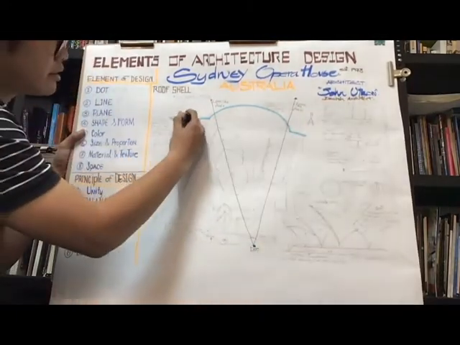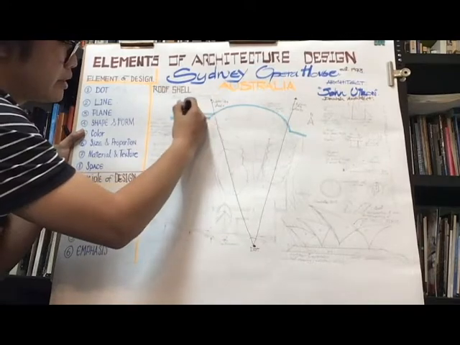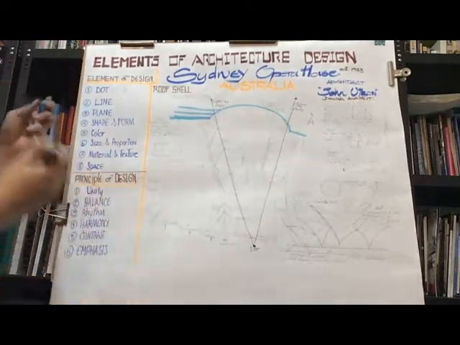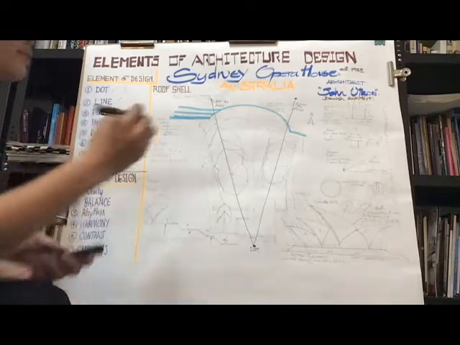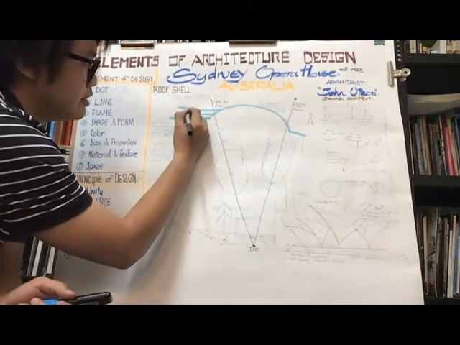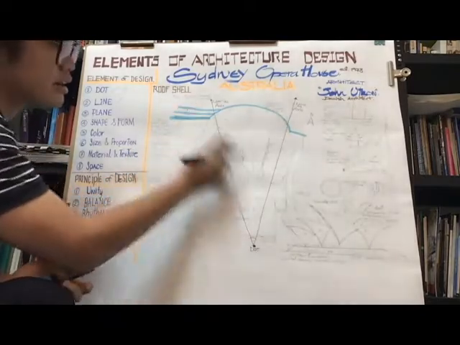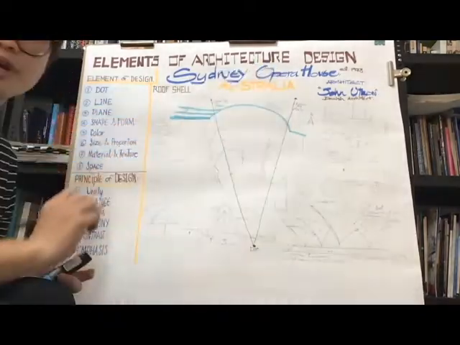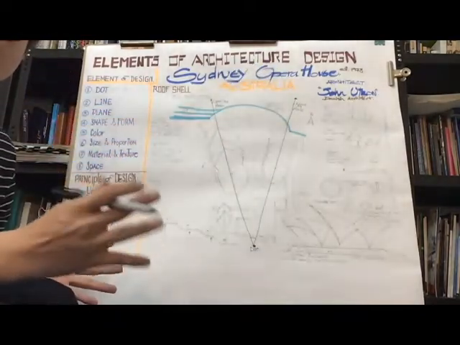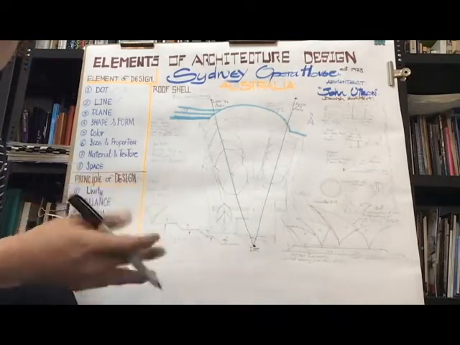This part is Sydney harbor. The view is nice, so that is why this angle comes this way. Each building will have its own individual view.